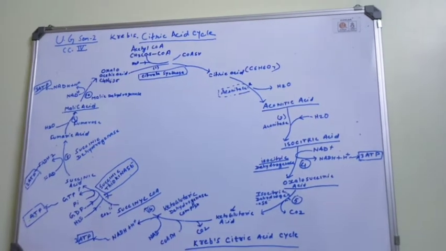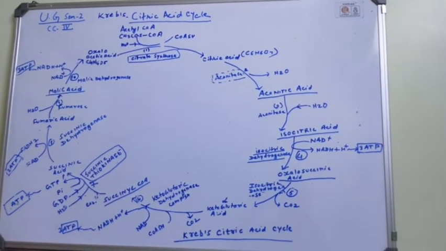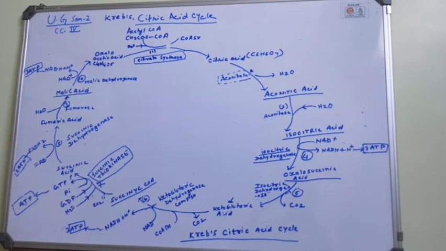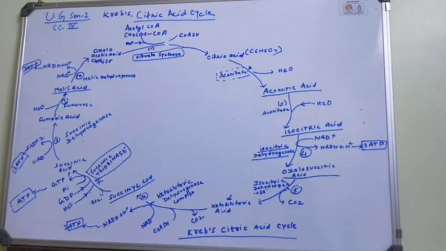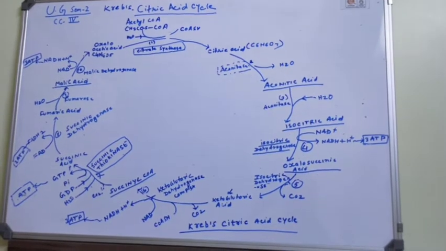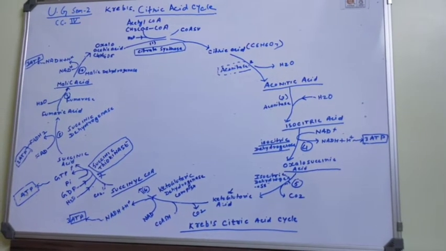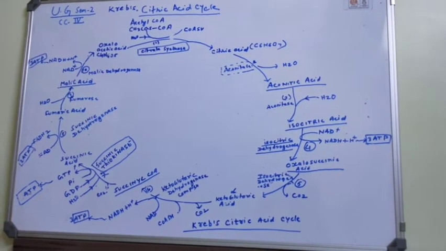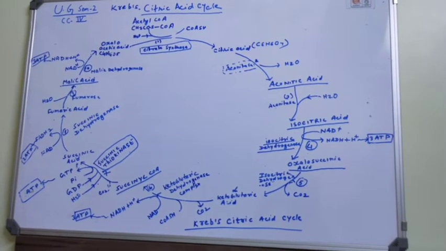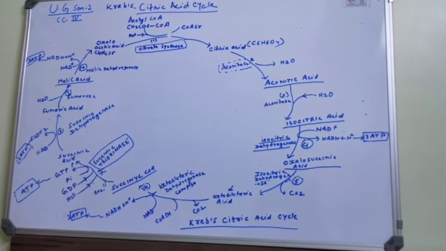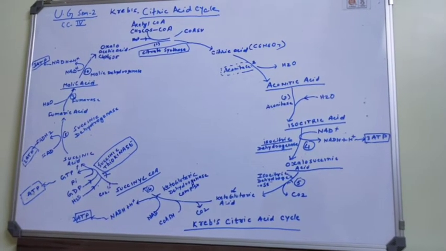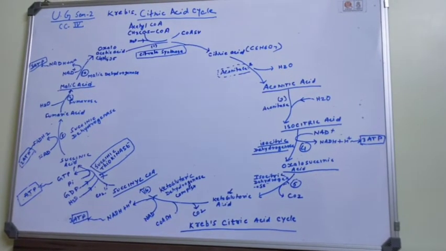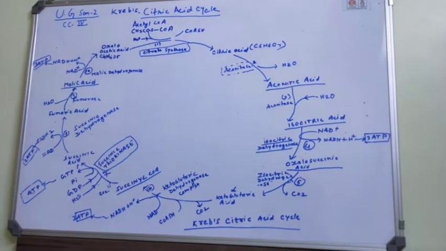First, the main function of the Krebs cycle is to produce electron carriers that can be used in the last step of cellular respiration. Number 2, the Krebs cycle is a step in aerobic respiration where ATP molecules are generated in large number.